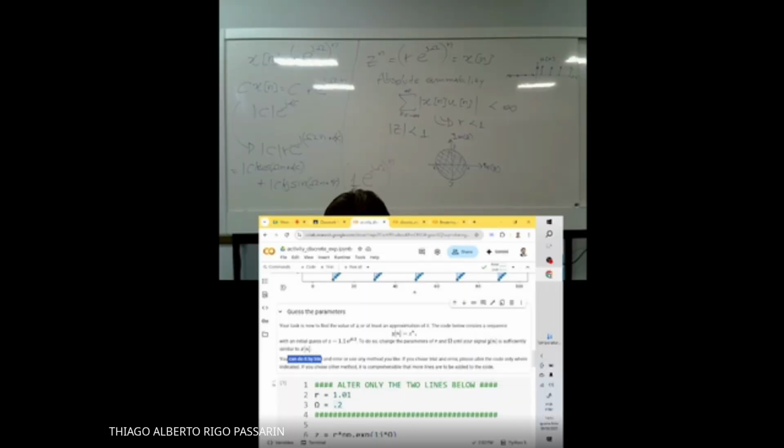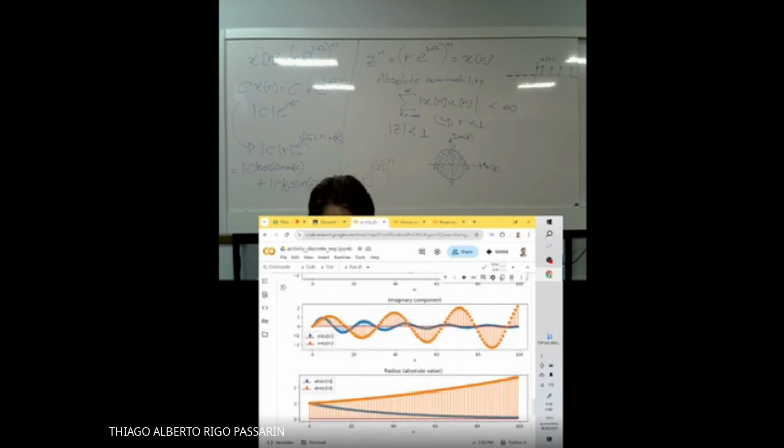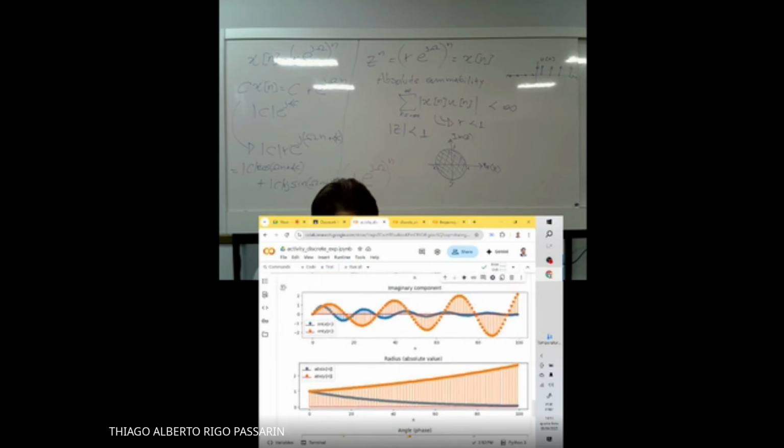Can we, instead of just trying randomly, use some additional processing to estimate the radius and omega? Yes, you can. You can do it by trial and error or use any method you like. If you're doing only trial and error, you edit only here. If you want to use some other method, you can try.